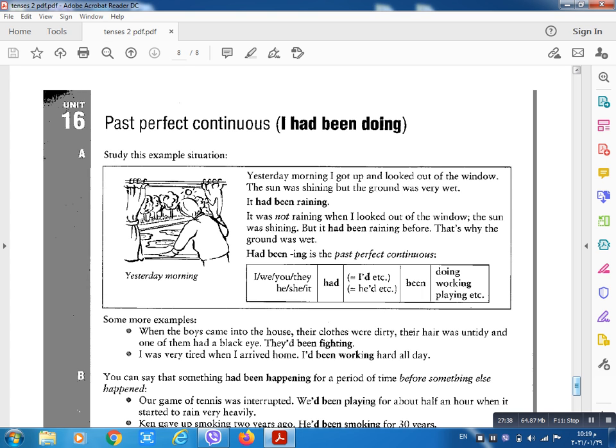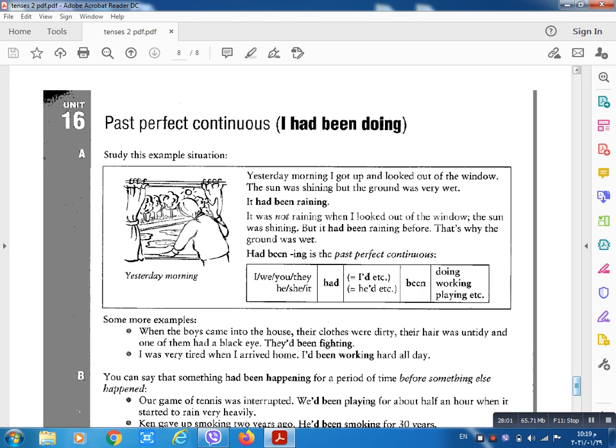In addition, as a speaker, I am interested in the activity itself, and it doesn't matter whether this action has ended or not. This is the present perfect. By the way, I'm repeating myself. I mentioned this. Now, what about the past perfect continuous?